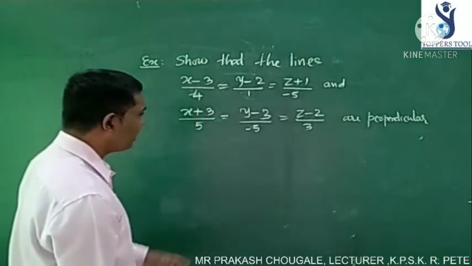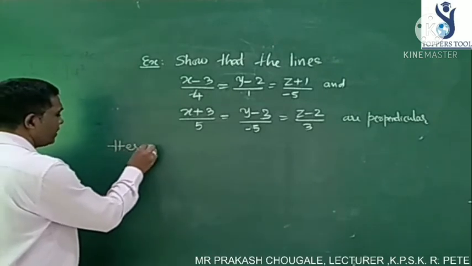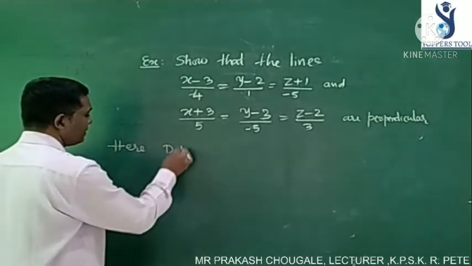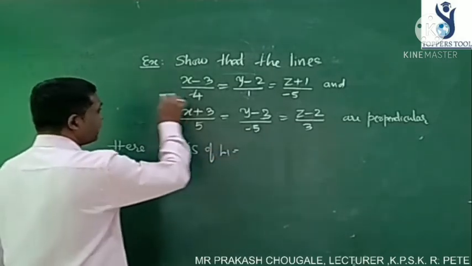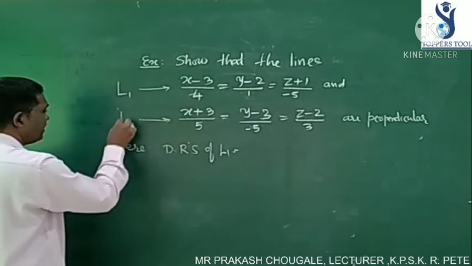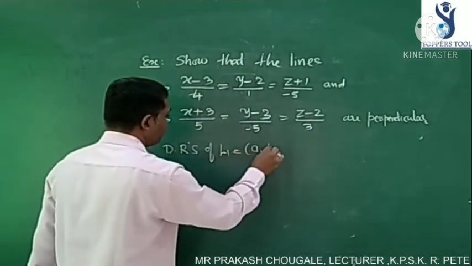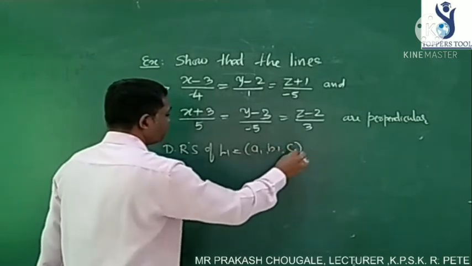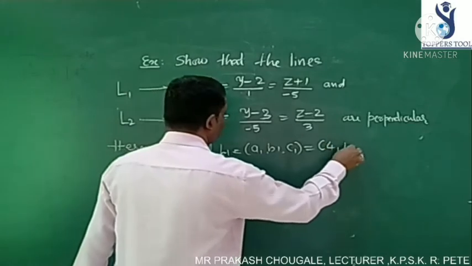So identify the direction ratios. So here, direction ratios of L1, I can call this line L1 and this L2. So direction ratios of L1 are A1, B1, C1, which are 4, 1, minus 5.